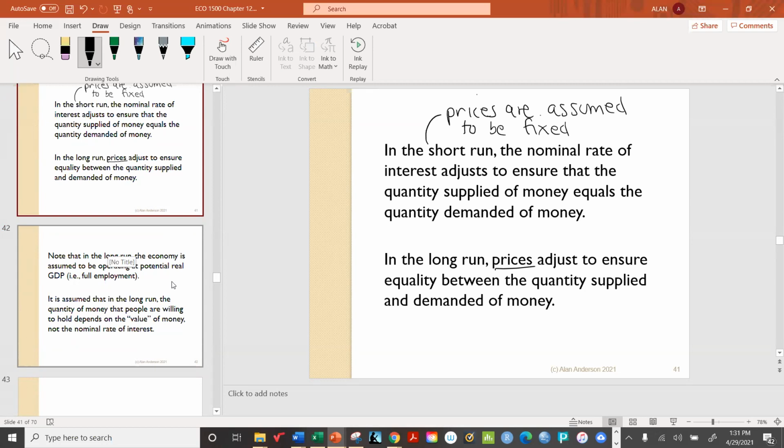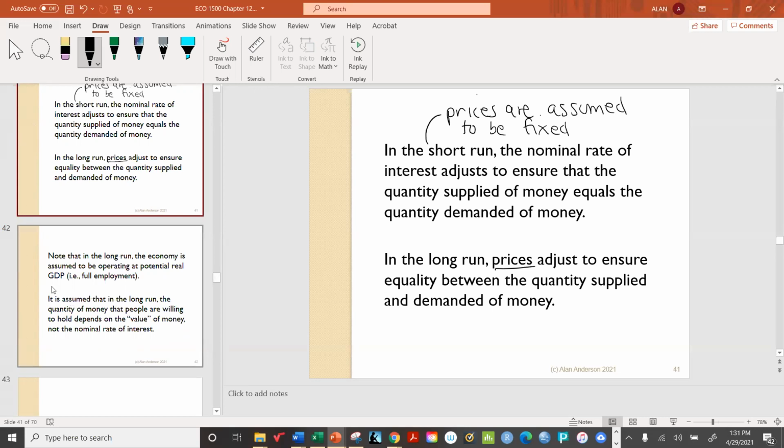We're also going to assume, and this is probably not a ridiculous assumption, that the quantity of money that people want to hold is based on its purchasing power. Meaning that if prices go up 10%, you would want to increase your money holdings by 10% to maintain constant purchasing power.